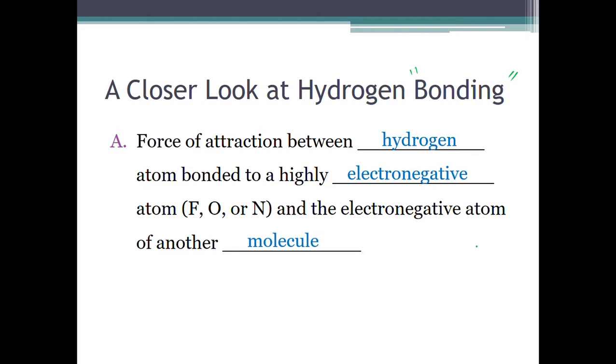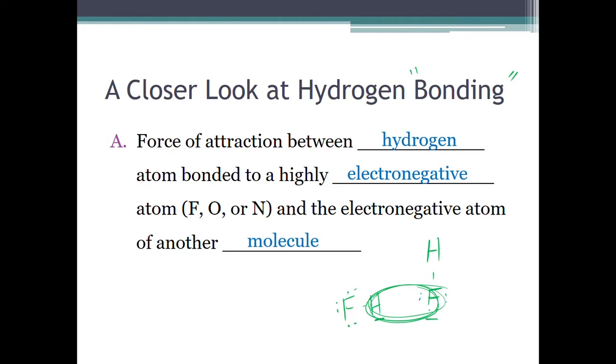What it means is if you have, say, hydrogen bonded to fluorine here, this is the whole molecule, hydrofluoric acid, you're going to have an attraction. Draw two molecules here, you're going to have an attraction between the hydrogen atom in this molecule and the fluorine atom in this molecule. And this attraction here is the hydrogen bonding.